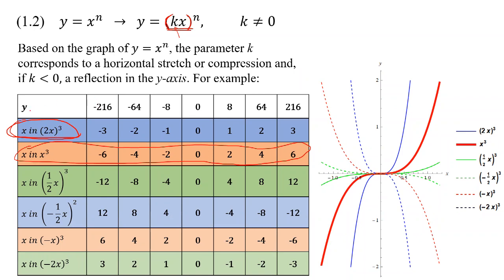Again, let's sample some points from the original function. For example, when y is -216, x in the original function is -6, right? When y is -64, x is -4. When y is -8, that corresponds to x equals -2, right? And so on, until if y is 216, x should be 6 in the original function.